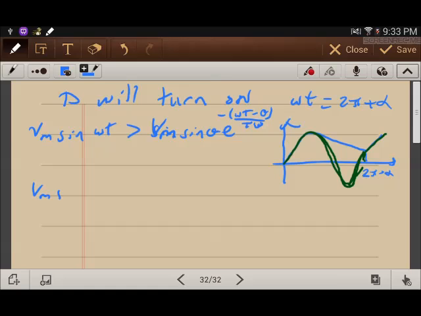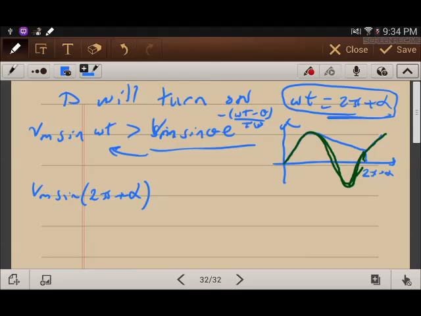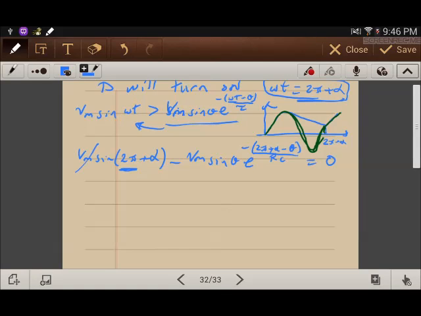So V maximum sine, I will put this instead of omega t, so I will get 2 pi plus alpha, and this goes to the other side, so minus V maximum sine theta e to the minus 2 pi plus alpha minus theta divided by, now V maximum will go with V maximum.